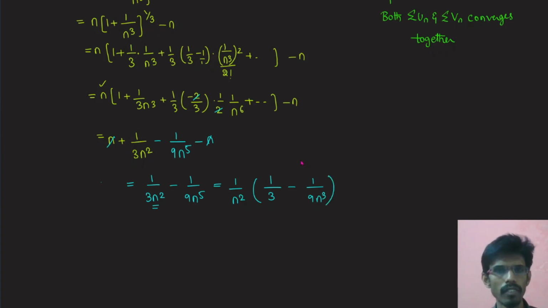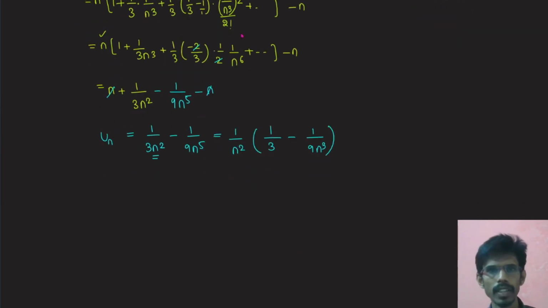Here this side we have Un. Now let us take this term, 1 by n square, as some Vn. Now Un becomes Vn into 1 by 3 minus 1 by 9n cube.